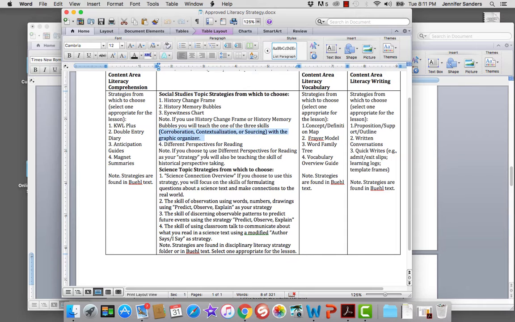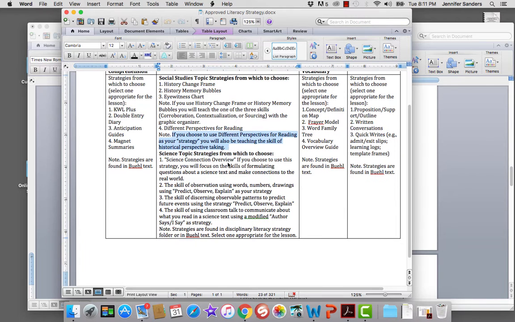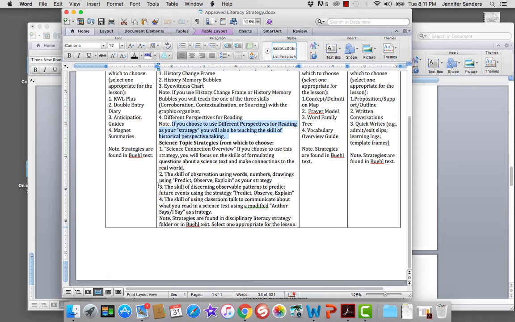Okay? Now, if you use the different perspectives, it's right here. That's the strategy. You're taking historical perspective taking. That's the skill, not the strategy, the skill. Same thing here.